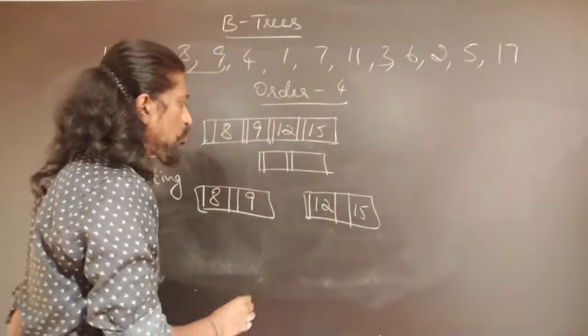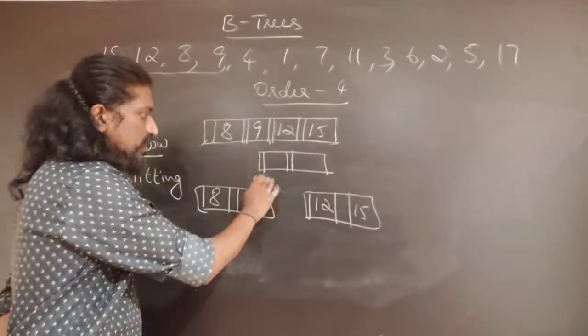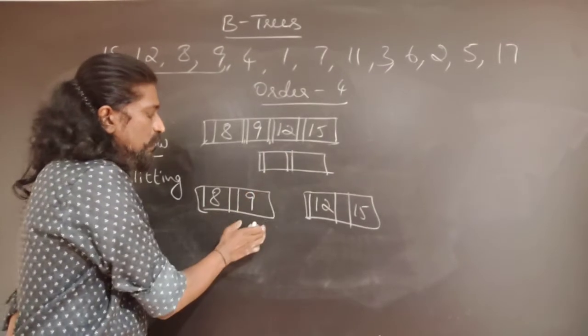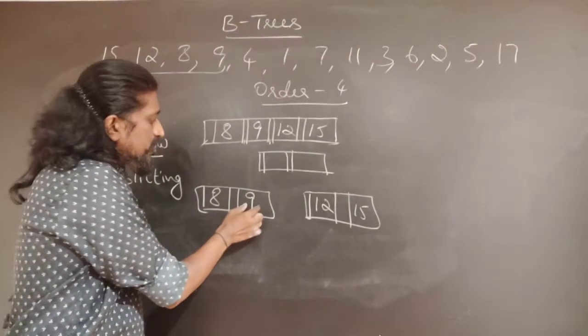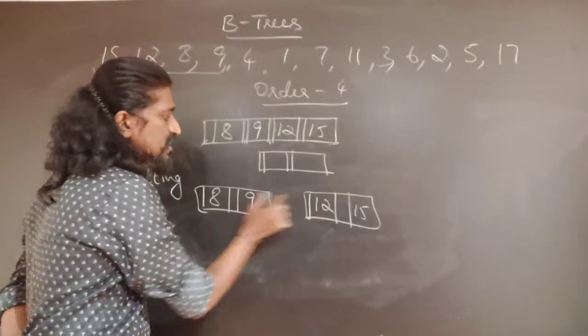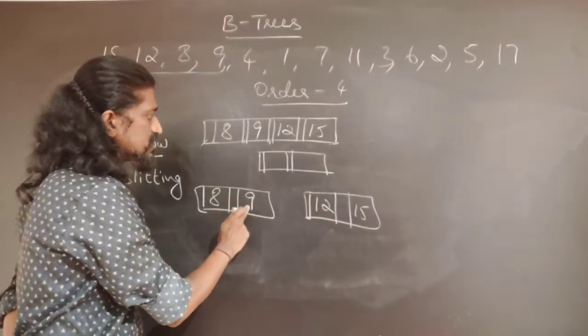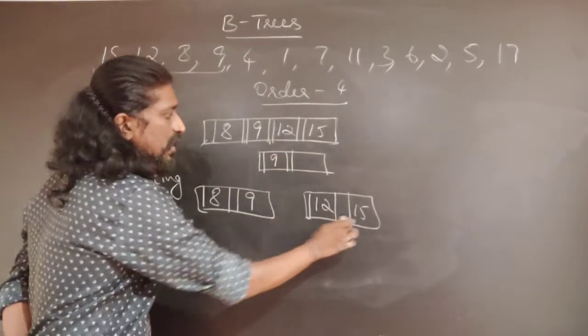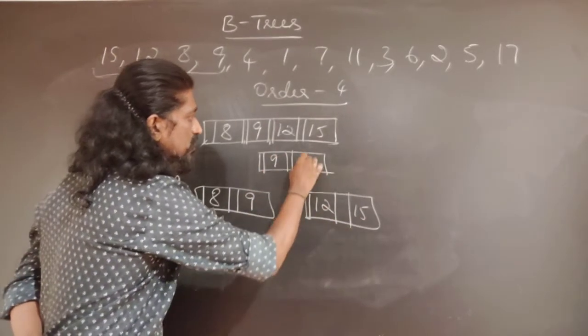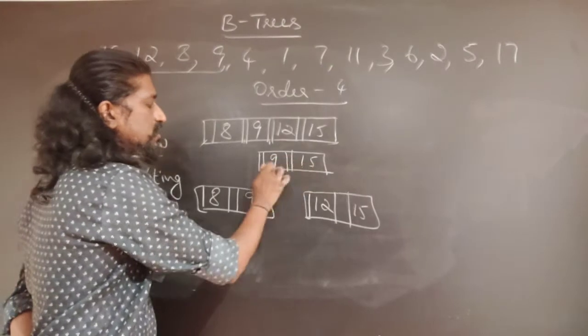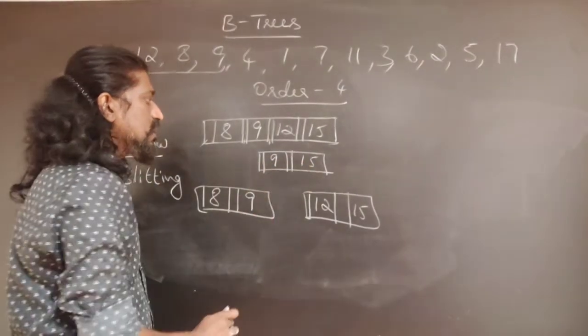To this root we are going to promote the largest keys present in both the nodes. The largest key present over here is 9, so that will come here, and 15 is the largest key present over here, that will come here, and anyway these two have to be in sorted order, so 9 comes first and 15 comes next.